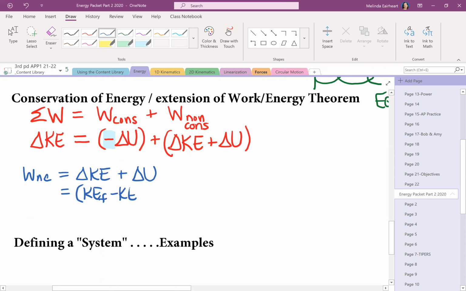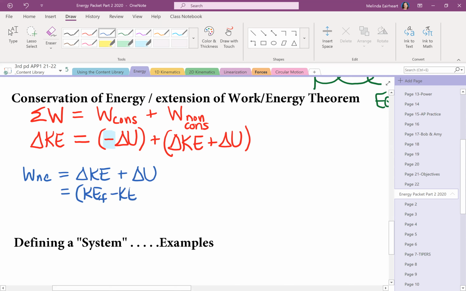It's still true. What if we add both initials to the other side? Initial kinetic energy plus whatever potential energy you have initially. Now I'm going to be a little more nitty gritty, plus or minus your non-conservative work, plus maybe it's applied.